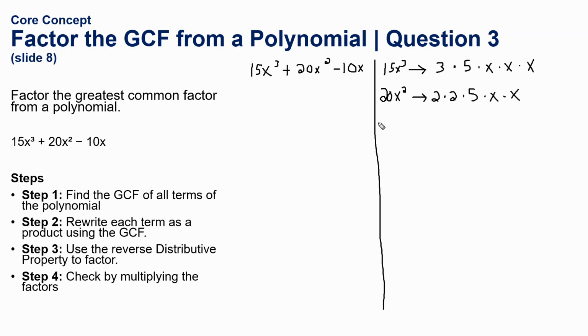And then 10x is going to be 2 times 5 times x.